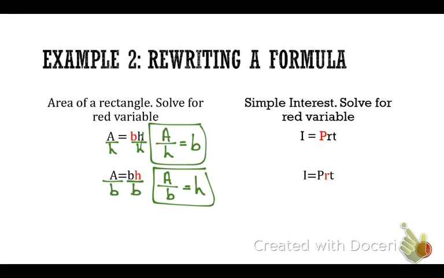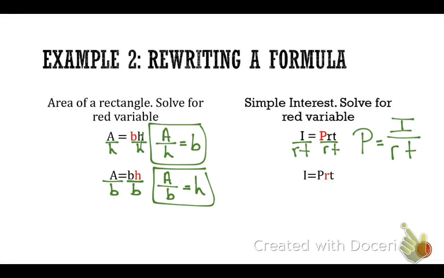Okay, well, I'm solving for p, so you're right to divide by what? What would you divide by to solve for p? RT, very good. RT, both sides. And now just rewrite the equation. That's all we're doing here, is just rewriting. So say you're given a problem where it asks you to solve for principal. This is what you would do. You would take the interest and divide the rate times the time to find the principal.